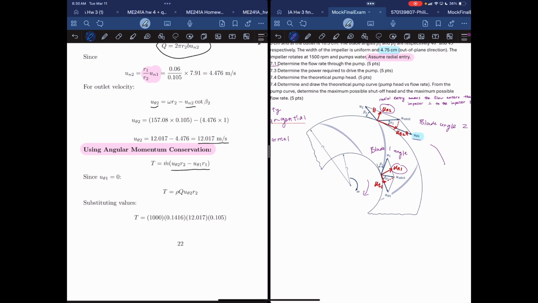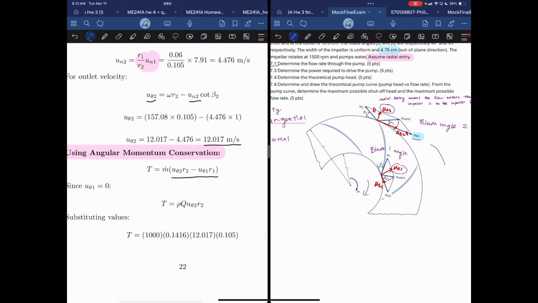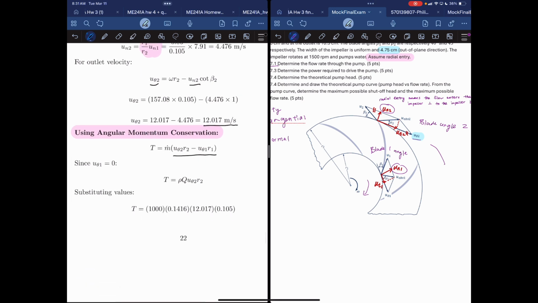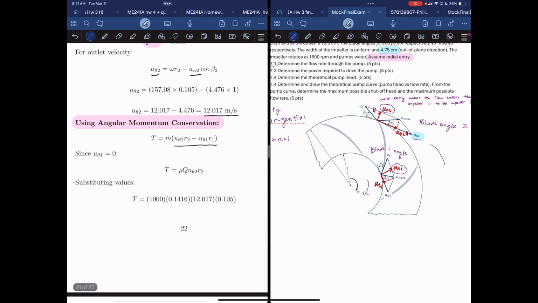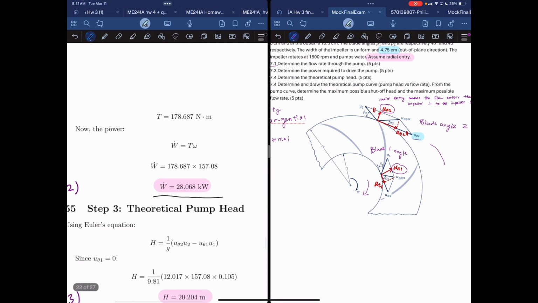So this is basically turning it. And then once we have u theta 2, we're able to use the previous calculation 7.1 to find the torque. And then we times it by omega to find the power.